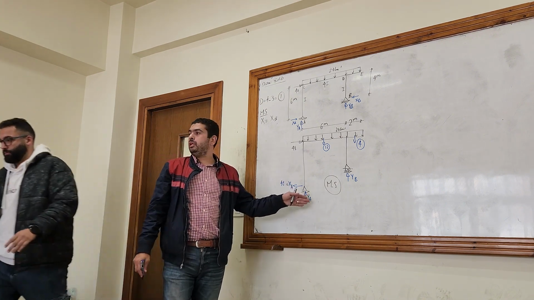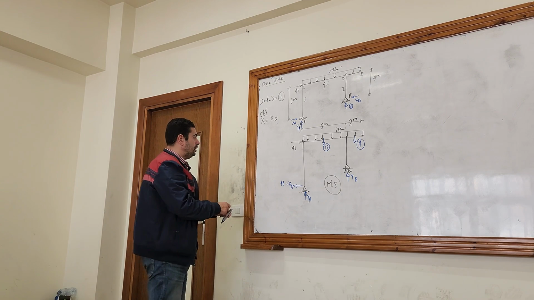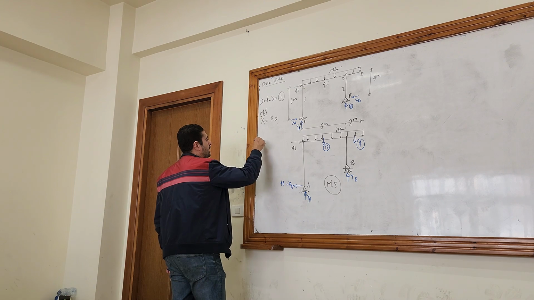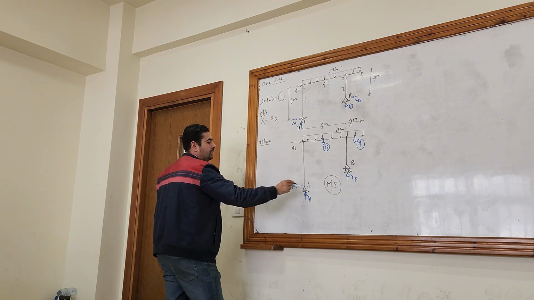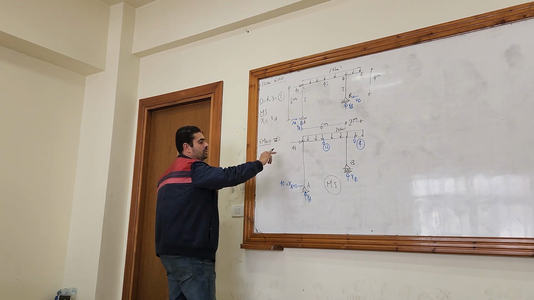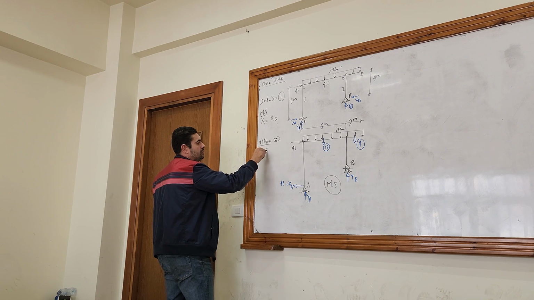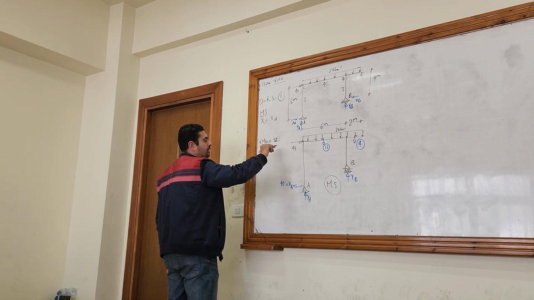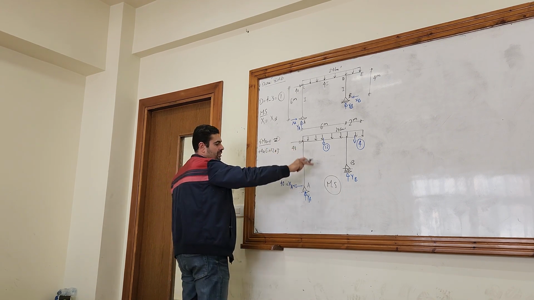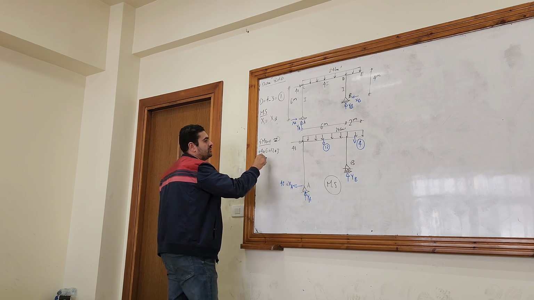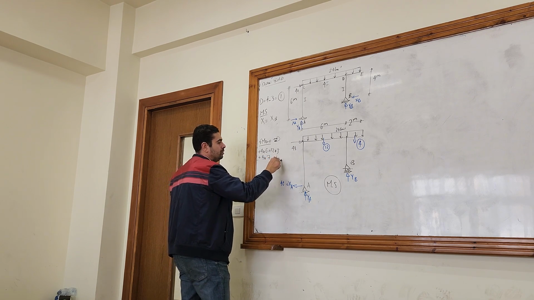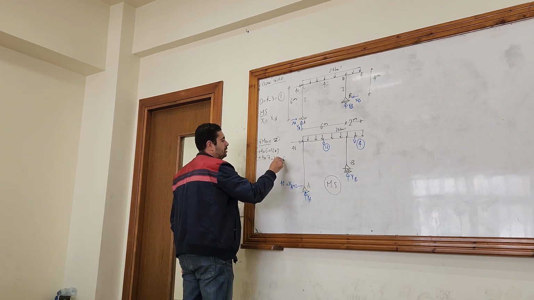How can I calculate the reactions YA and YB? Take moment either at A or at B. So sigma MA equals, I'll take moment here, and let's say this direction will be positive. So 4 times 6, positive, and then 12 times 3, positive as well, and then minus YB times 6 equals 0.